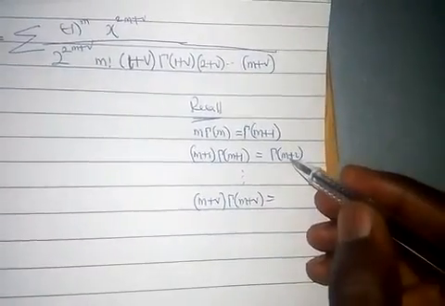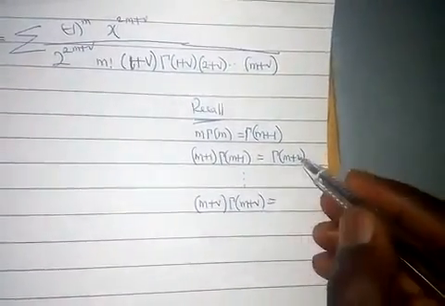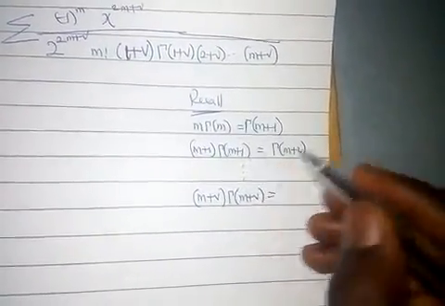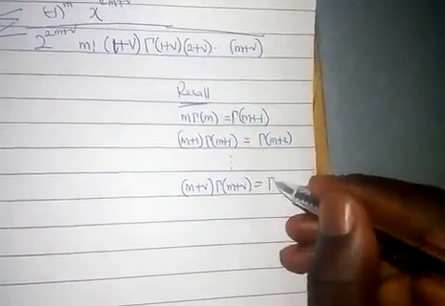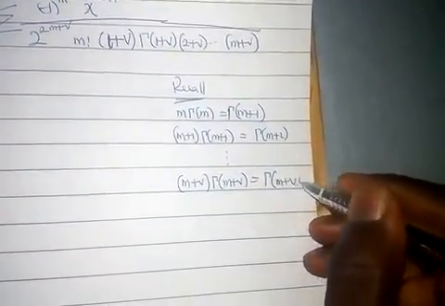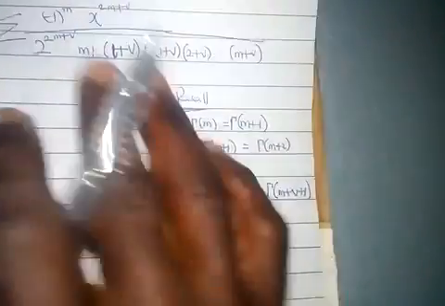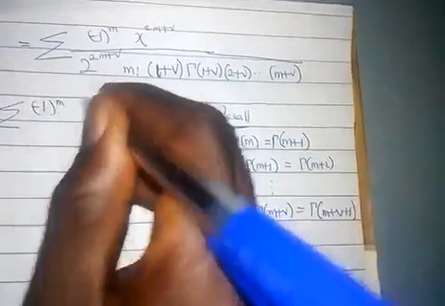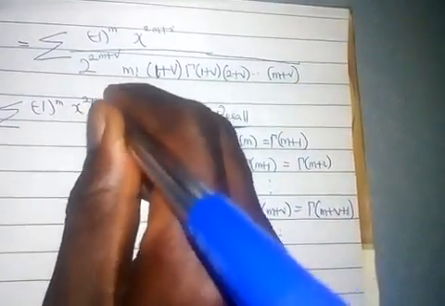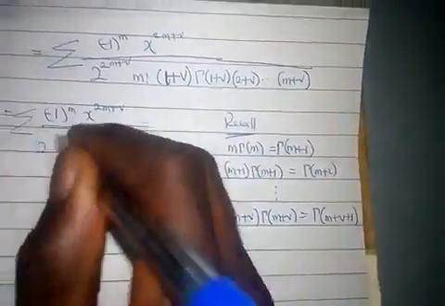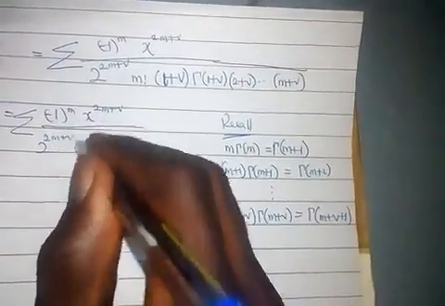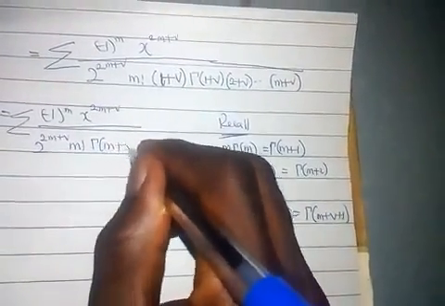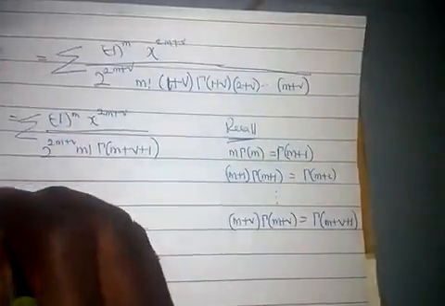So you see that you always add an extra plus 1 here, like this one now is m plus 1, then plus 1, plus 2. So this one now will be gamma m plus v plus 1, not so. So that's what we do here, equals minus 1 to the m, x to the 2m plus v all over 2 to the 2m plus v, m factorial. All these ones now will be gamma m plus v plus 1.